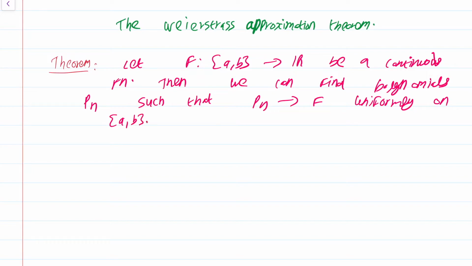In essence, what this theorem is trying to tell us is that no matter how complicated the function f is, we can always find a polynomial that is as close to f as we desire. So, in all practical applications, we are never interested in getting the exact values of functions.